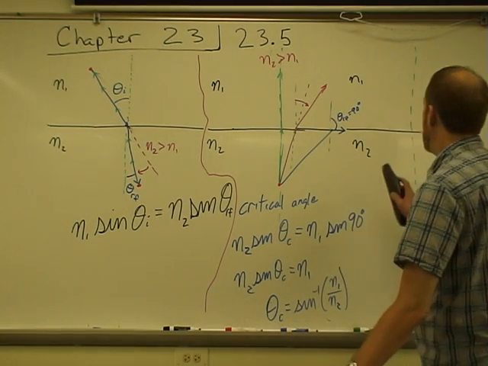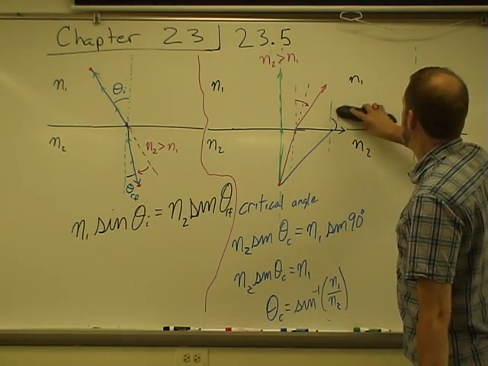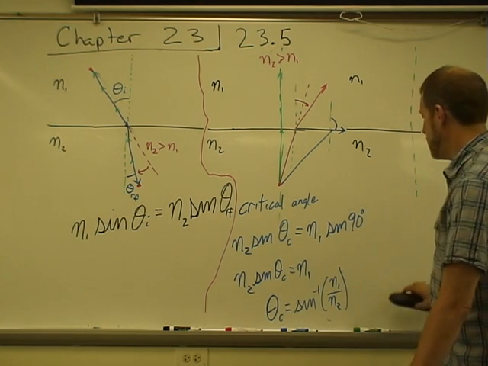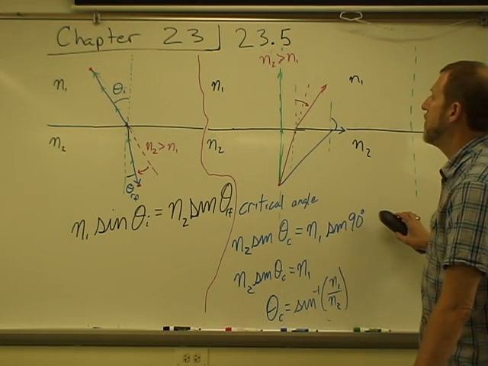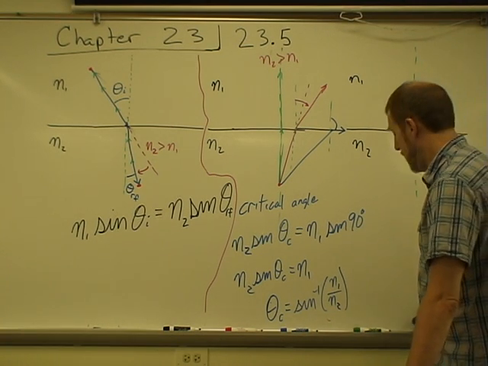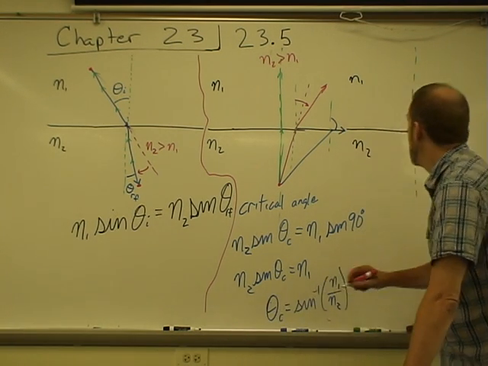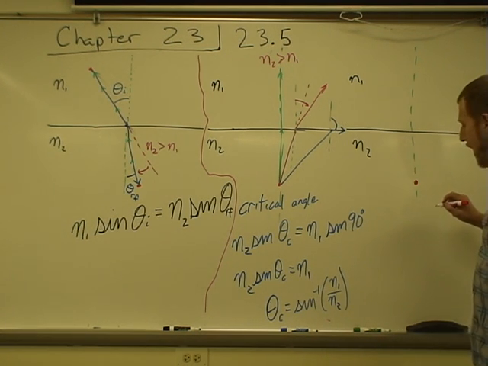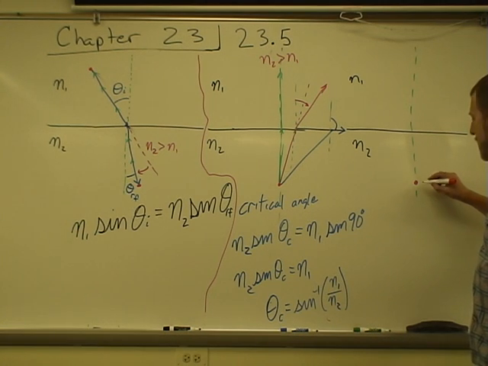Now, let me clear a bit of this space. Actually, let's say that I've got some object, and it's going to be giving off light at those different angles.